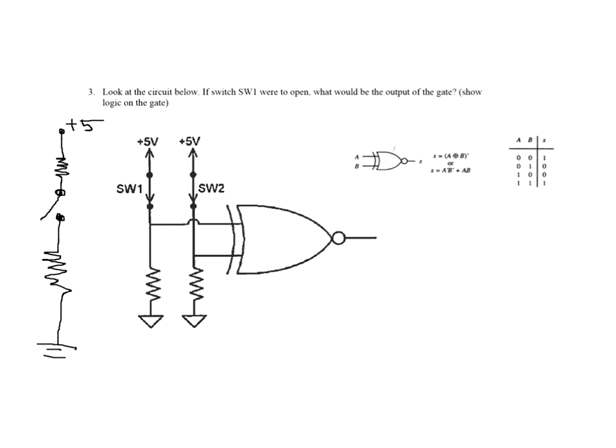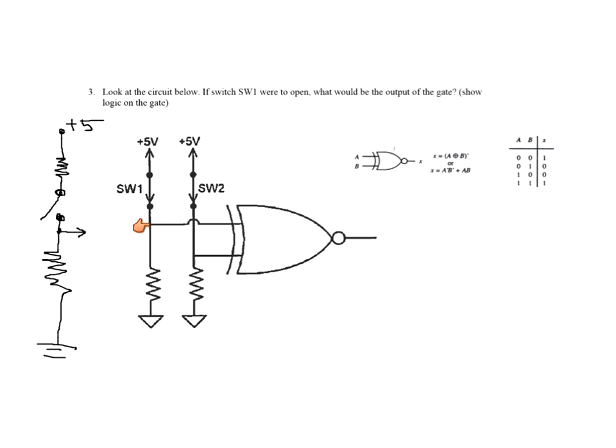Now you'll notice my input into the gate is right at the top of the resistor in the voltage divider. When I close the switch, this will be a high voltage. When I open this switch right here, this will be a low voltage. So when the switch is open, I'm going to get a low on the input. When the switch is closed, I'm going to have a high on the input.